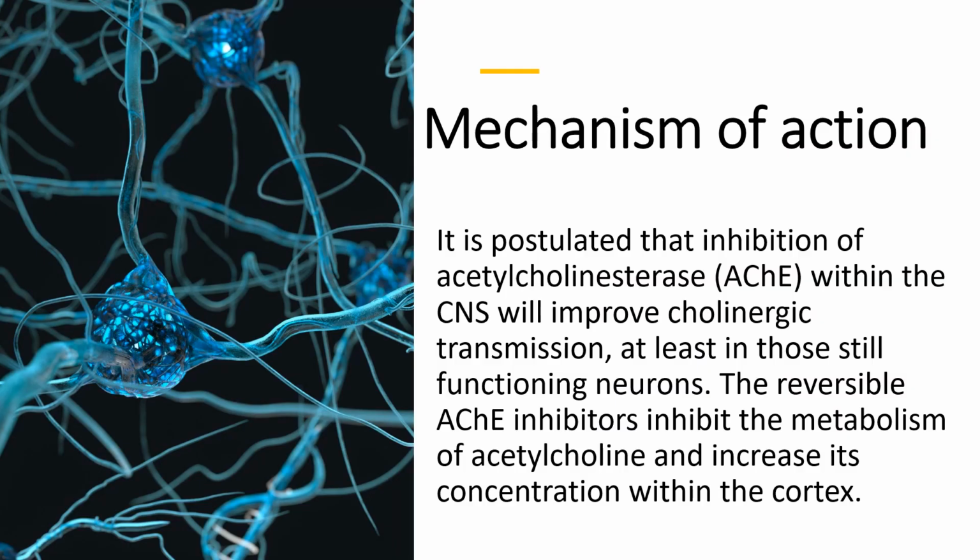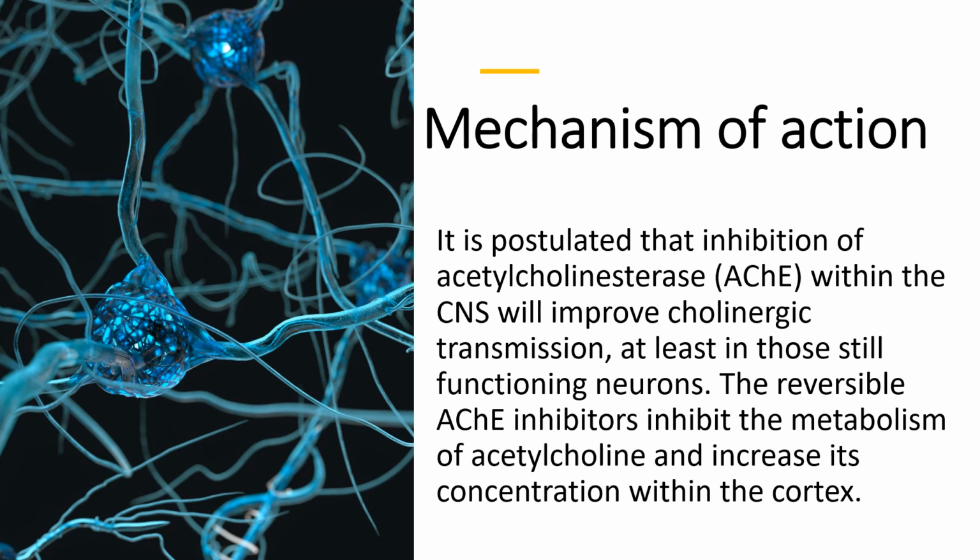So what is the mechanism of action of these drugs? Acetylcholine is basically a neurotransmitter at the synaptic junctions or in axons. So this enzyme acetylcholinesterase causes the degradation of acetylcholine.